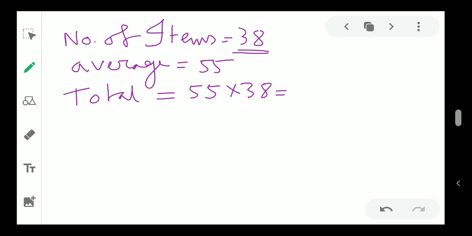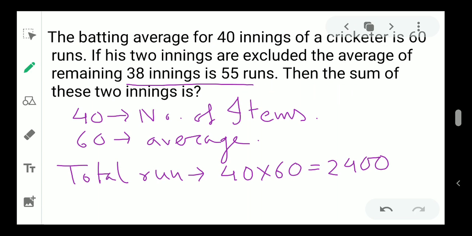Okay, so if we find out this, I am doing it fast so that I can tell you more. So this will be 2090 runs. So that means in 38 innings he has made this much, and in 40 innings he has made this much.